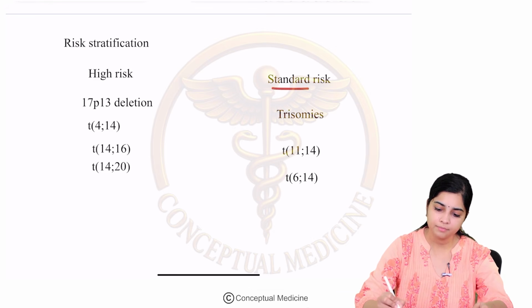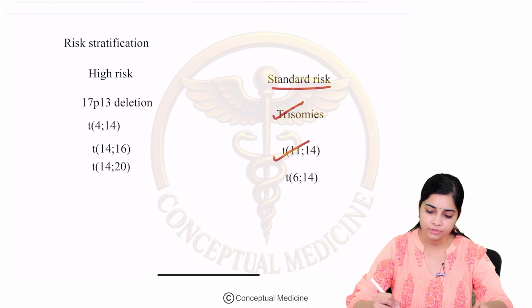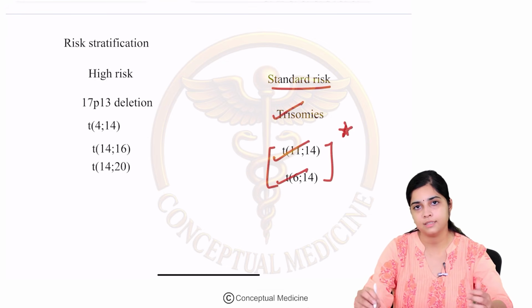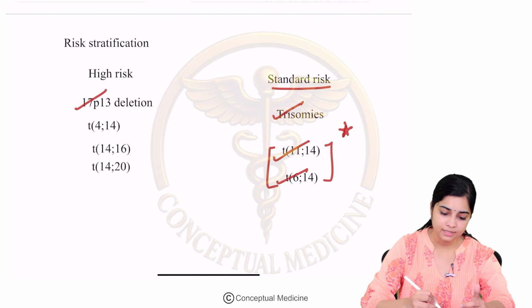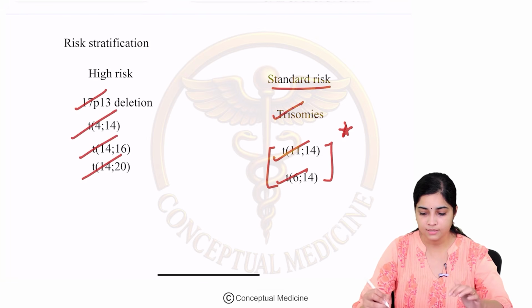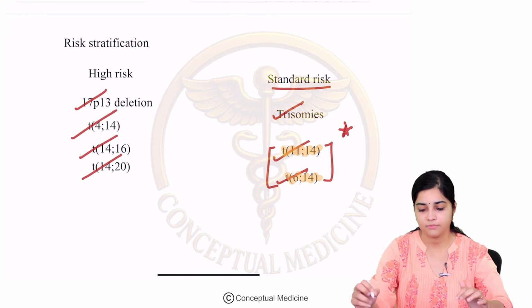Remember, in multiple myeloma, standard risks include trisomies, translocation 11;14 and 6;14. If you remember these, then you can rule out the others if you are asked an MCQ on that. High risk includes 17p deletion, translocation 4;14, 14;16, and 14;20.